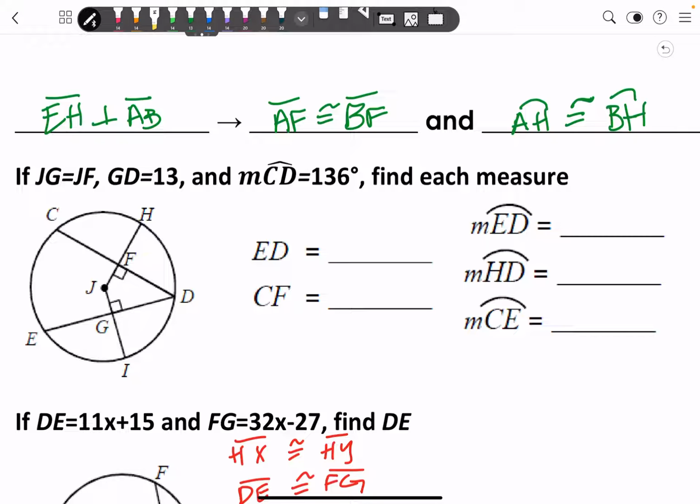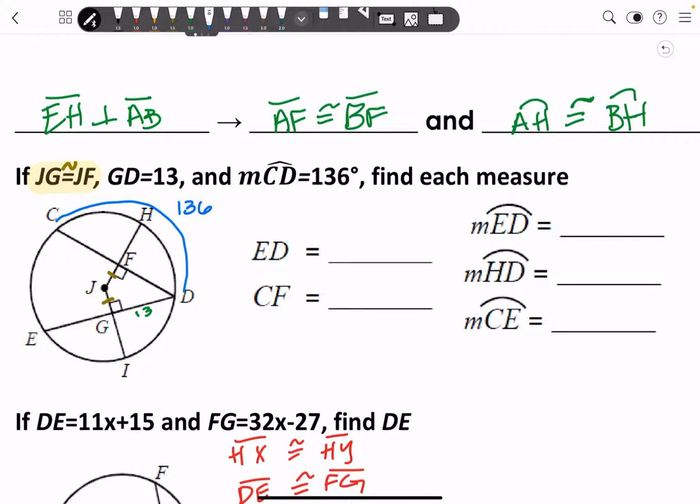If GJ is equal to JF, so those two are congruent, GD equals 13. Cool. And the measure of arc CD is 136. Find each measure.